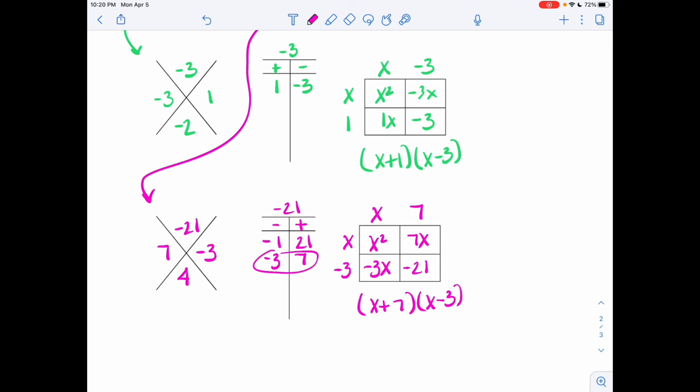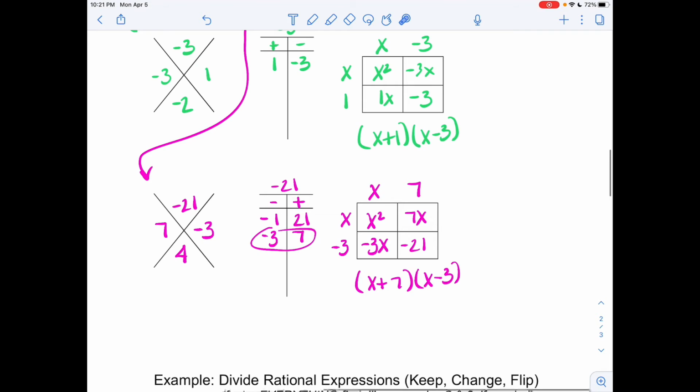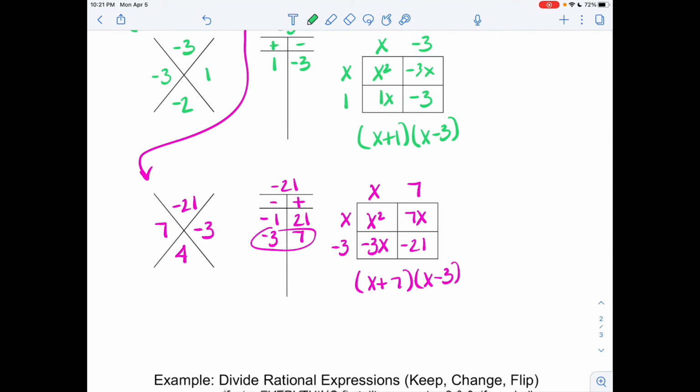All right, so now I have everything factored here, and I want to go ahead and rewrite this, putting in the factored form here, and then some of this was already factored. So let's go ahead and do that. From the green, I can do a numerator here. I had x plus 1 and x minus 3.